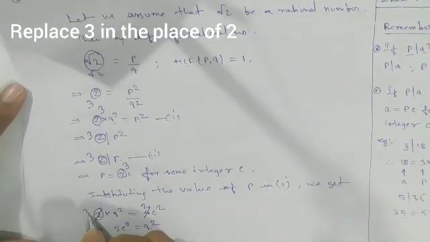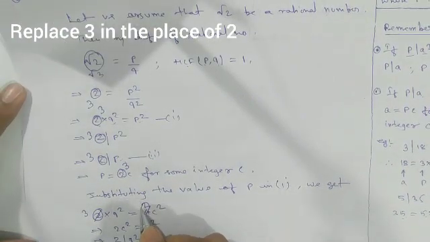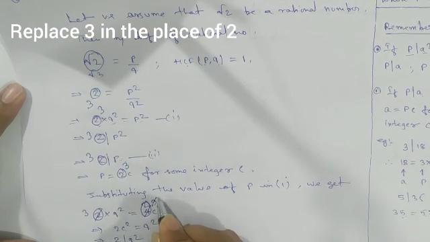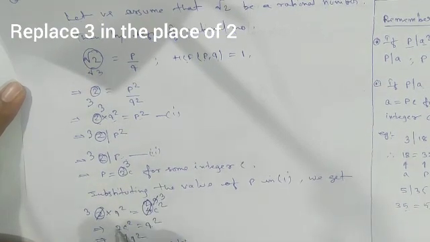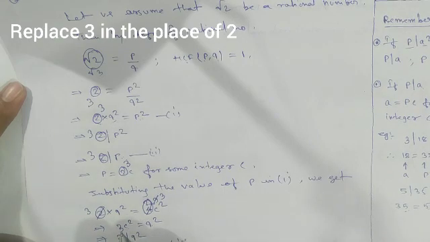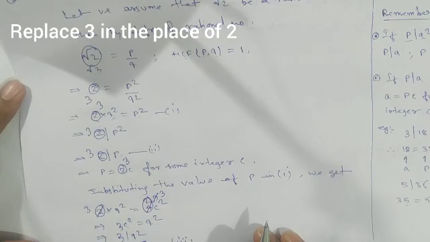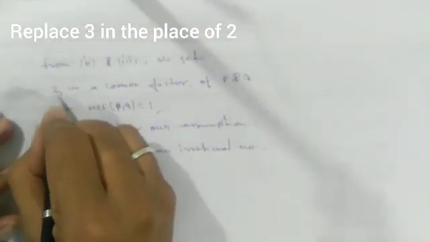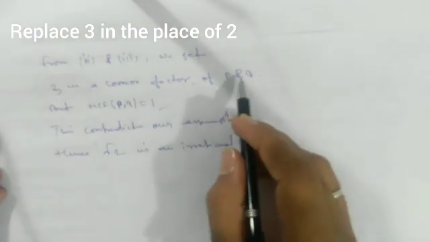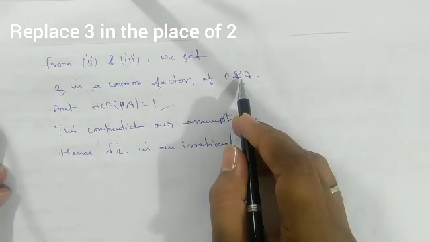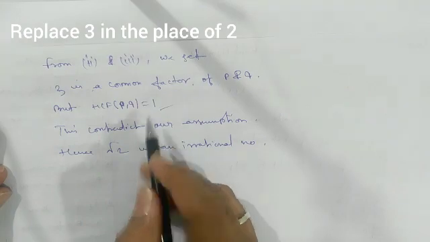Wherever you see the value, this will give you 9 and cancel 3, giving 3c square equals q square. And this will contradict, because 3 is a common factor of p and q, but HCF of p and q equals 1.